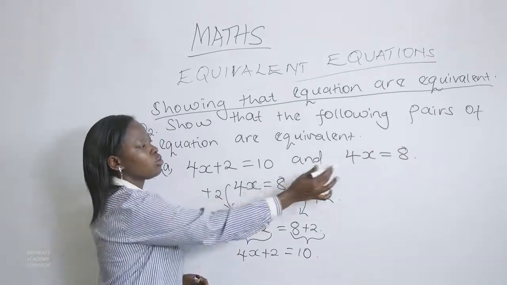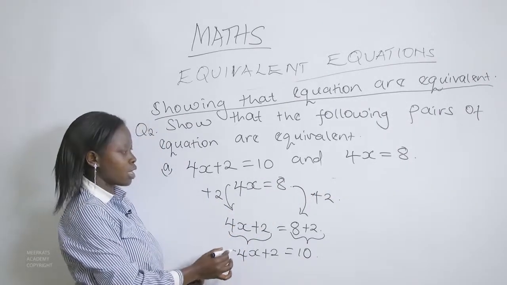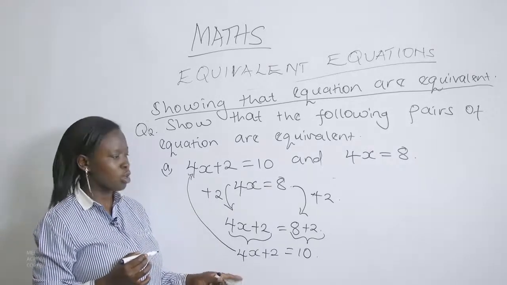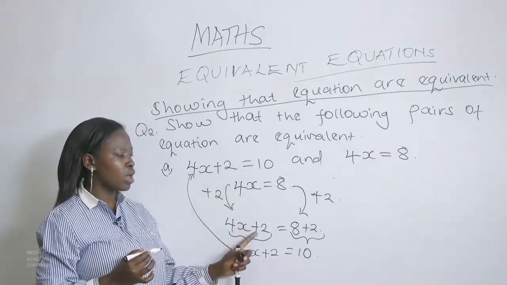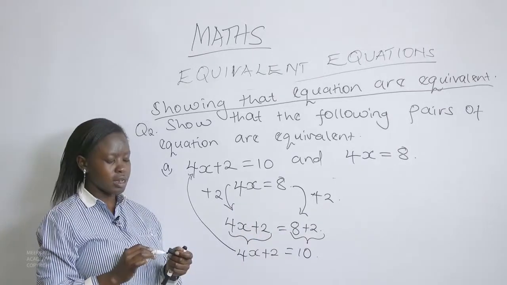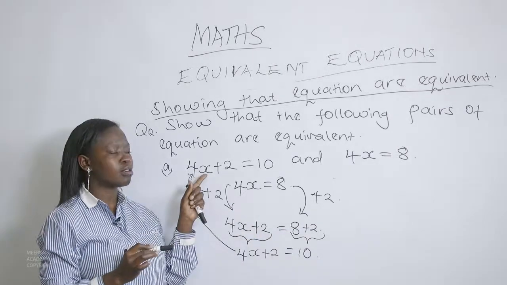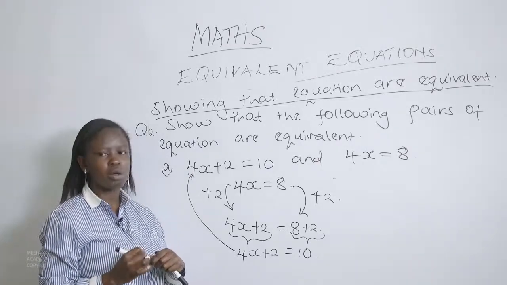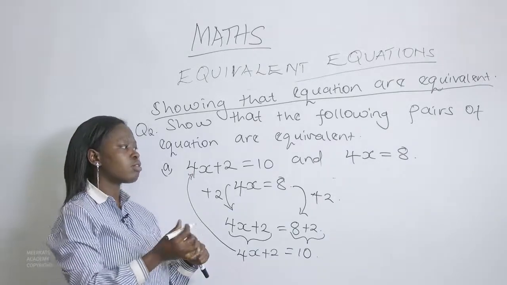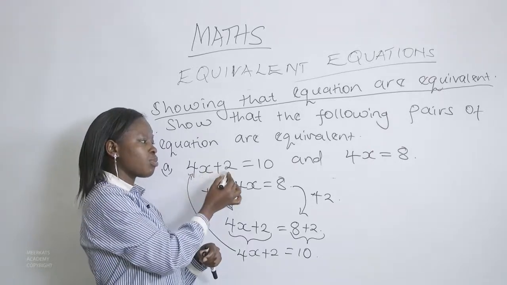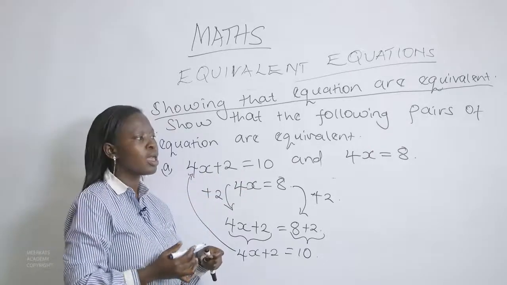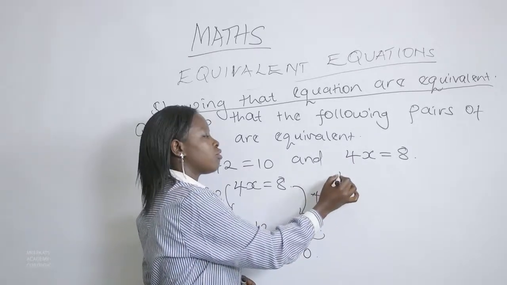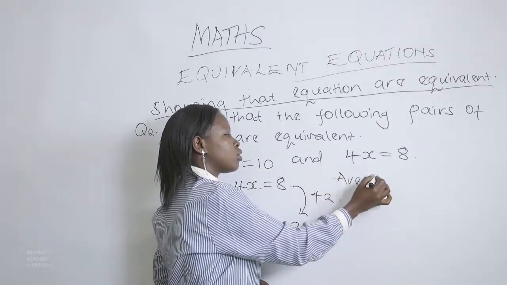After adding 2 to the second equation, we get the same equation that is our first equation. So since it is possible to add 2 on both sides and get the first equation, we conclude that these two equations, 4x plus 2 is equal to 10 and 4x is equal to 8, are equivalent equations.